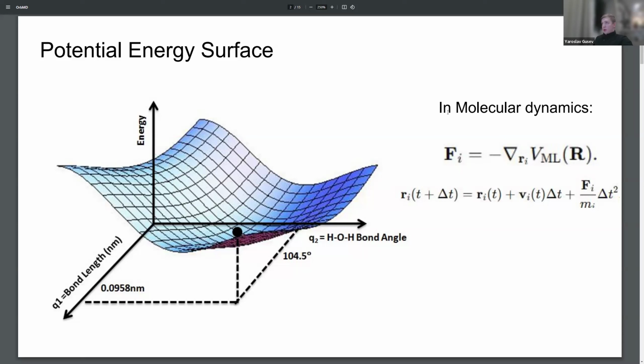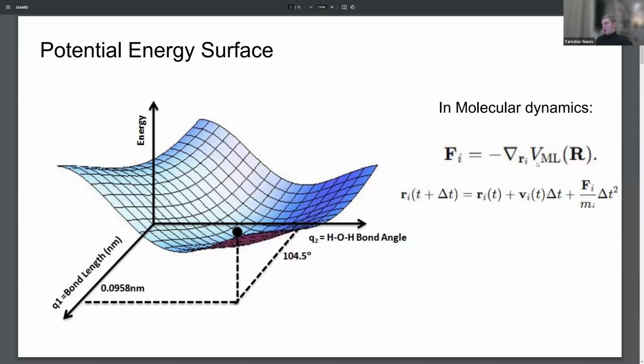And then in molecular dynamics, the potential energy can help you to simulate the dynamics, since in the case of conservative forces, this potential is essentially the thing that defines the force that acts on a particular atom.